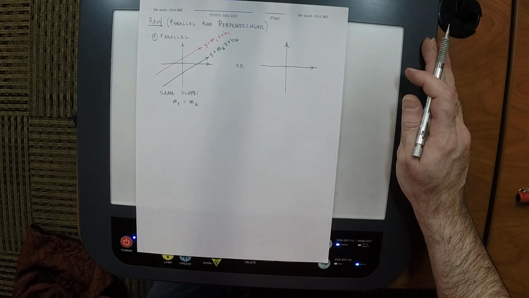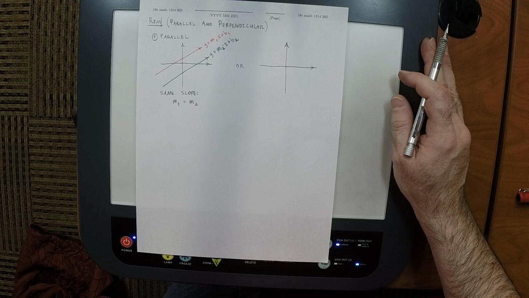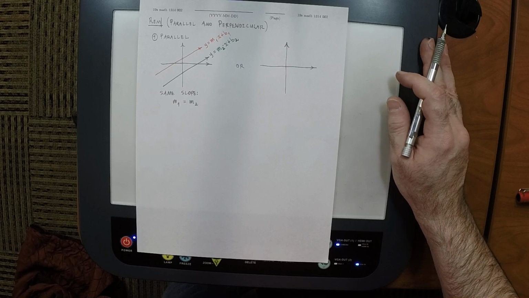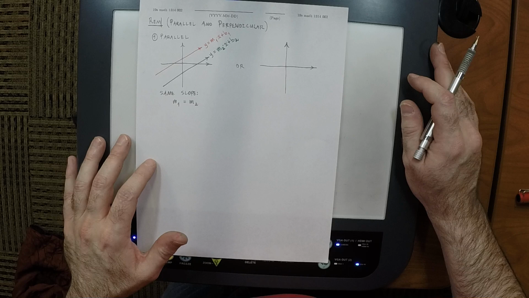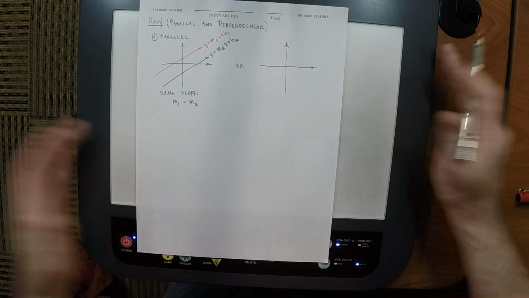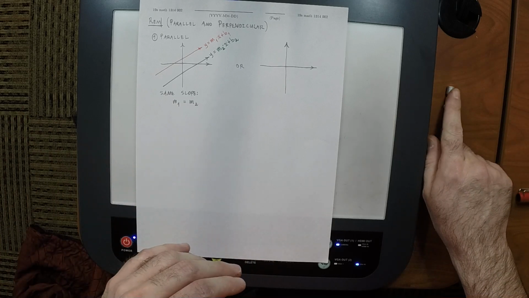But the thing to overlook is, do all lines have slope? No, right? Not all lines have slope. What kind of lines don't have slope? The ones with undefined slope, the vertical kind. Right?